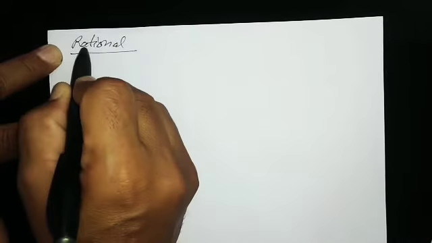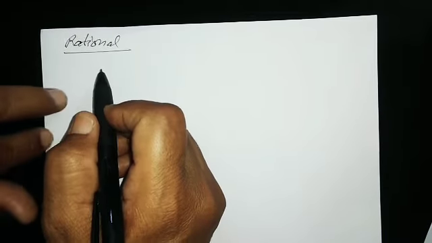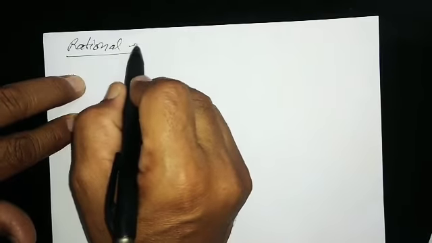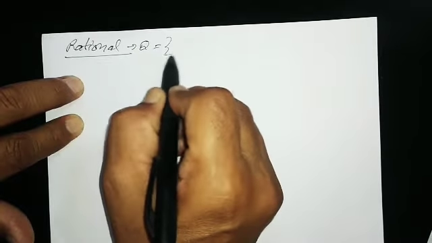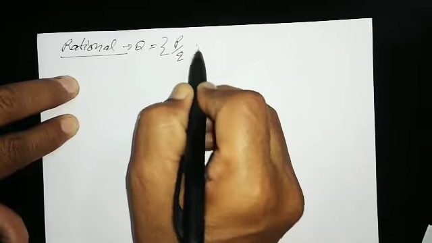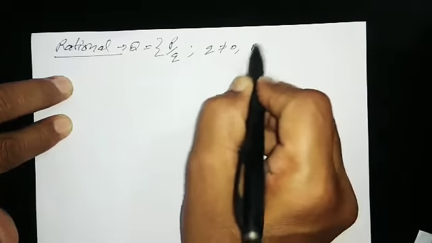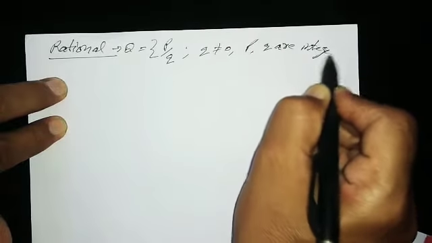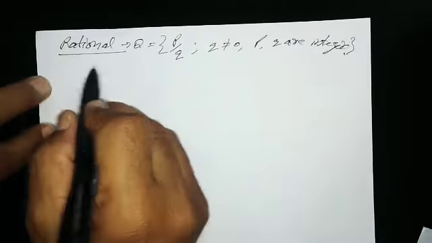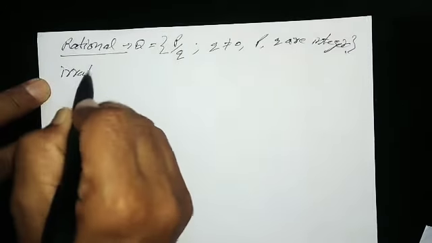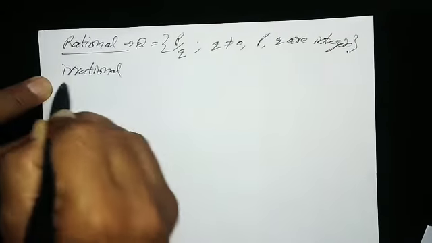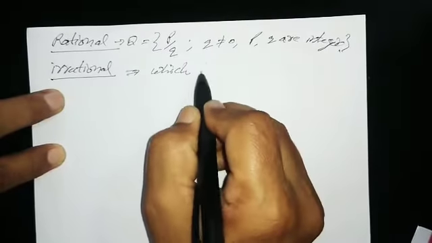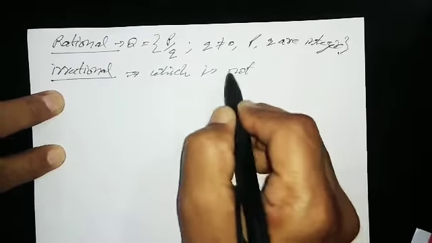In my previous video for the ninth class, I explained in detail what is rational: a number that can be written as p/q, where q is not equal to 0 and p and q are integers. Again, what is irrational? Irrational is which is not rational.